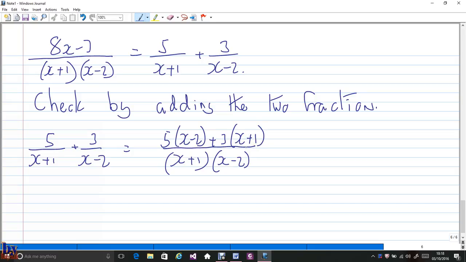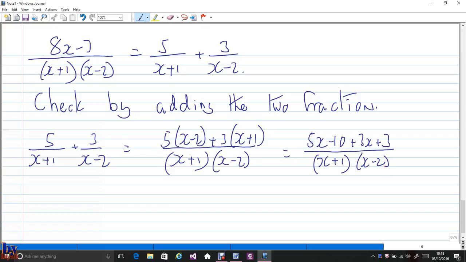Now you can't do this on your calculator, but because you know how to add fractions from a previous lesson, you can carry on with this. So it equals 5x minus 10, expanding that bracket, 5 times the x, so 5 times the minus 2, plus 3x plus 3. We don't have to bother with that, but we could do, but I'll leave it like that for now. Over x plus 1 times x minus 2.